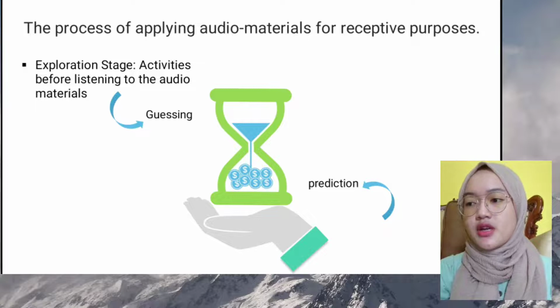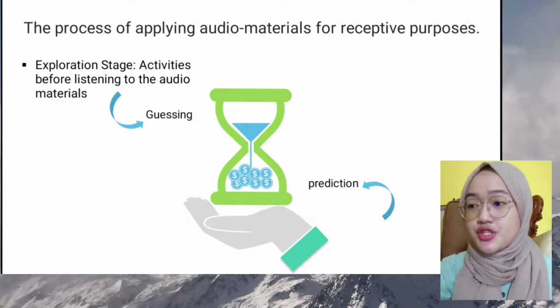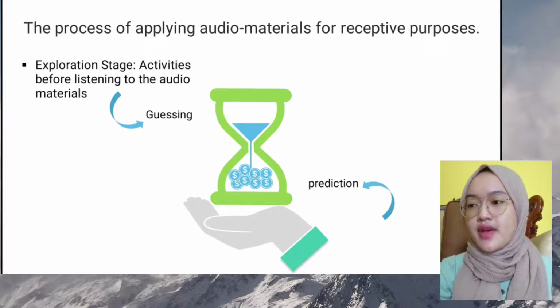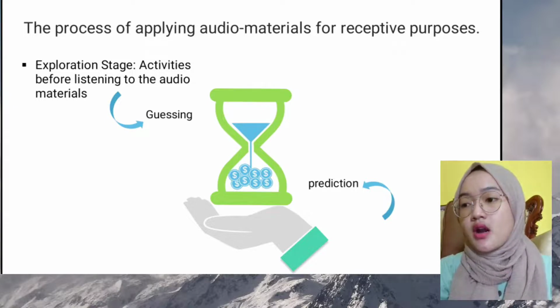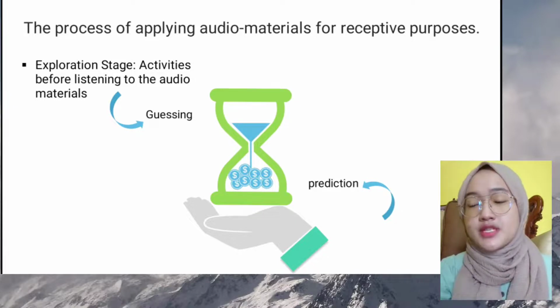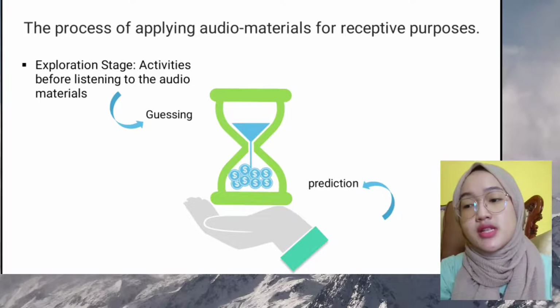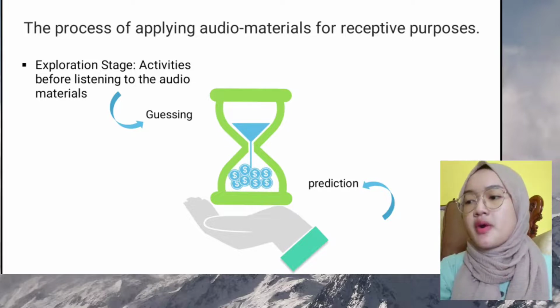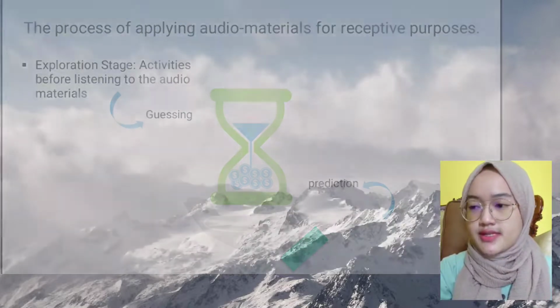Before listening to the audio materials, the students can be guided to make a prediction about the rest of the record based on some keywords or utterances, some text related to the materials, some sounds or music, or limited impressions, such as the students listening to only some part of the audio materials.